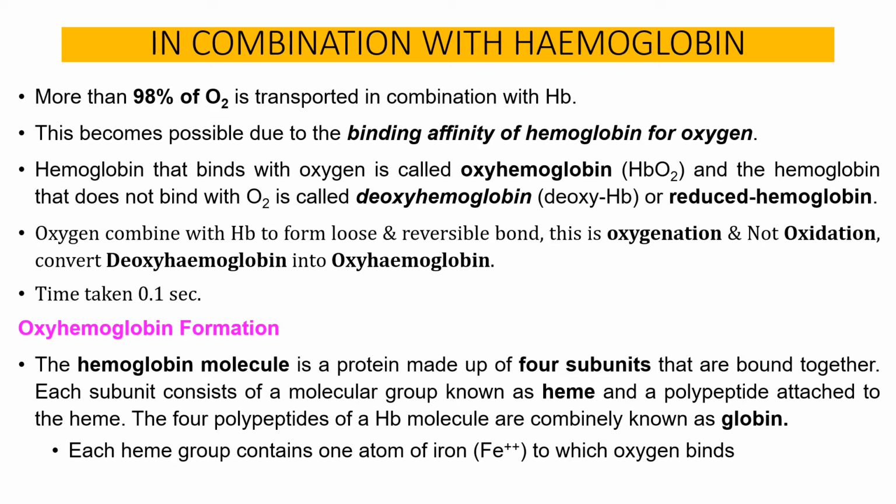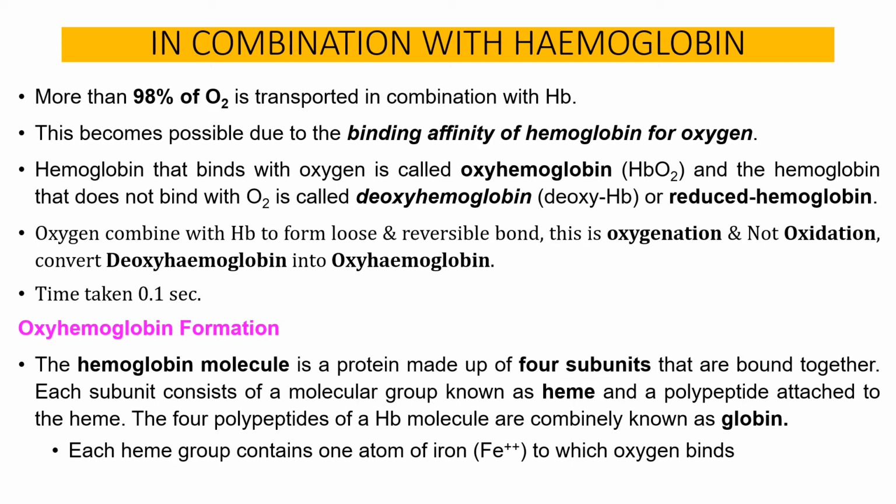It forms a loose and reversible bond, and so this process is known as oxygenation and not oxidation. This converts deoxyhemoglobin into oxyhemoglobin, and the time taken for the conversion of deoxyhemoglobin to oxyhemoglobin is about 0.1 second. Okay.